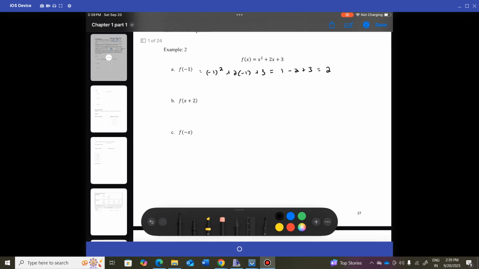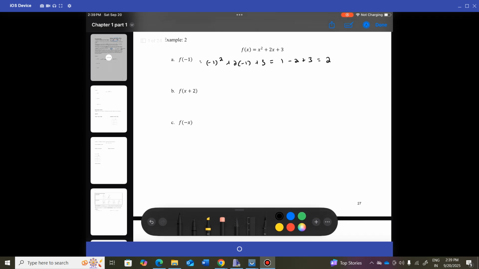We can plug in expressions. If we plug in x plus 2 into f, we get (x plus 2) squared plus 2 times (x plus 2) plus 3. Or we can plug in -x, and we get (-x) squared plus 2 times (-x) plus 3. Then we want to simplify each of these.